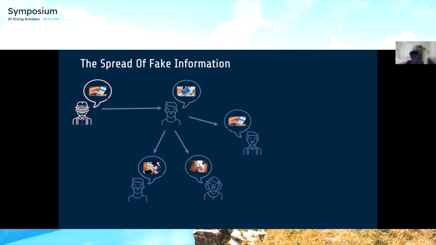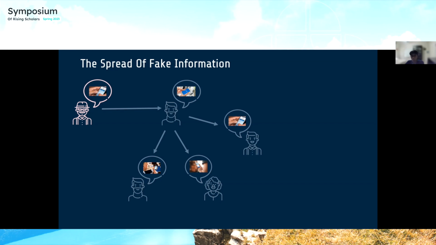So let's talk about the spread of fake information, how this can happen. Let's say we have a person here who decides to tweet out a certain piece of message. This tweet is received by another person. Let's say this man finds this tweet to be pretty interesting. What does he do? Well, he sends it to a few friends and family members. Now, these people find this tweet to be interesting. So what do they do?